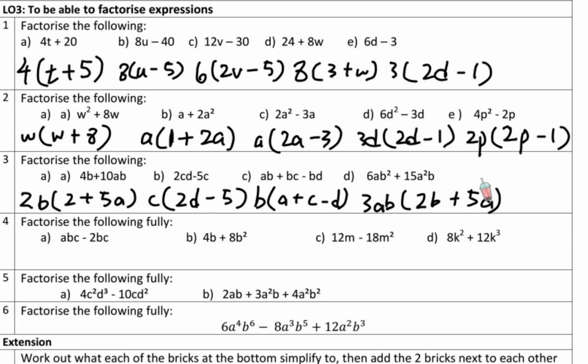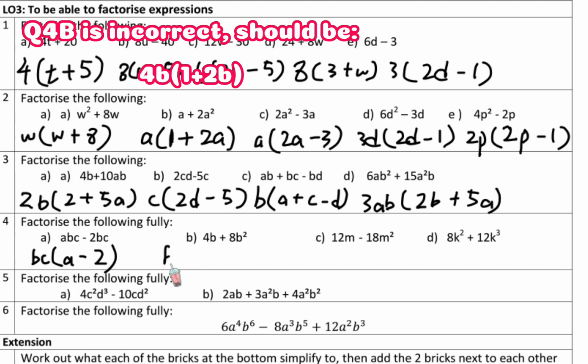And for 4a, we can take bc bracket a minus 2. For b, we can take 2b bracket 2 plus 4b.